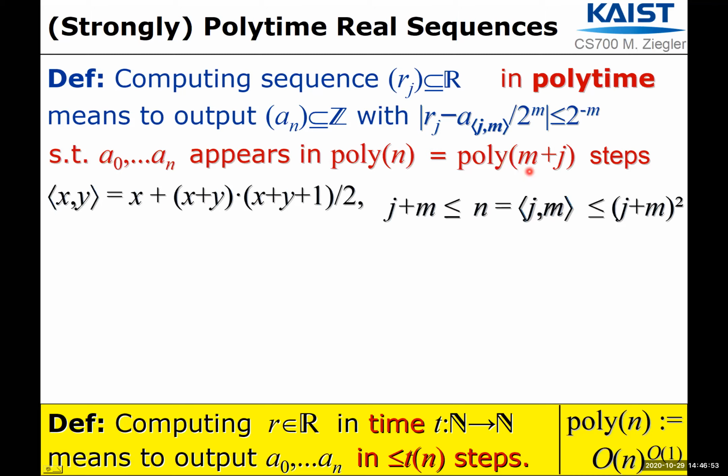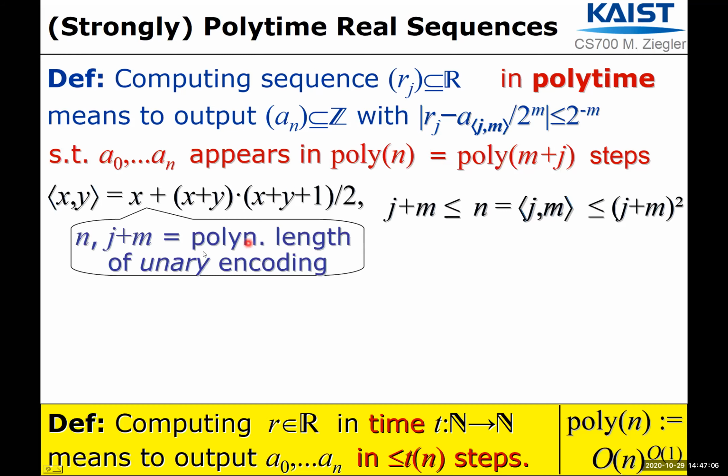So which quantity has binary length m plus j? Well, that's the unary encodings of m and j. They have binary lengths basically m and j, so the running time is polynomial in the length of the unary encoding, both of the precision parameter and the sequence index.